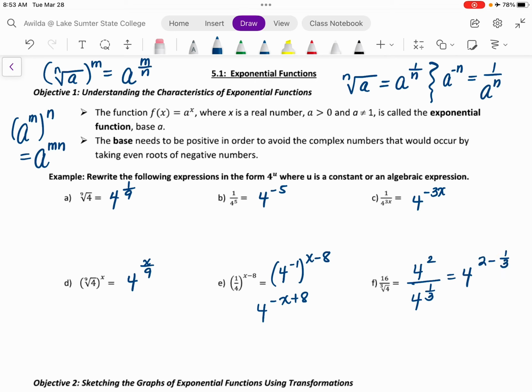The rule that we're using here is that a to the m power divided by a to the nth power is equal to a to the m minus n power. 2 minus 1/3 we can rewrite as 6/3 minus 1/3. So as our final answer, we get 4 to the 5/3 power. It's really important that if you don't feel comfortable with these rules of exponents, that you go back and spend some time reviewing them, because we will be using them quite a bit in this module.